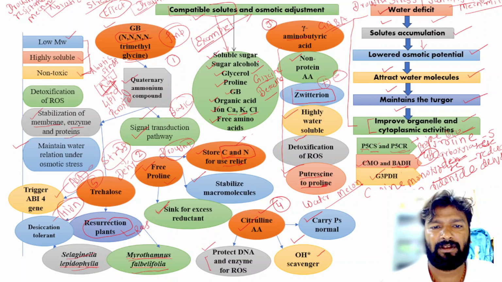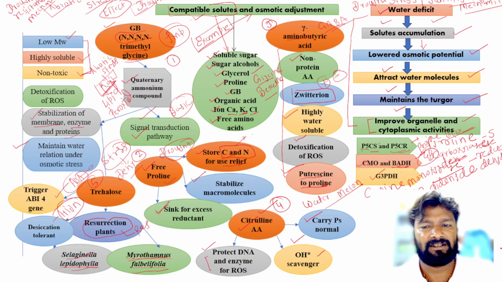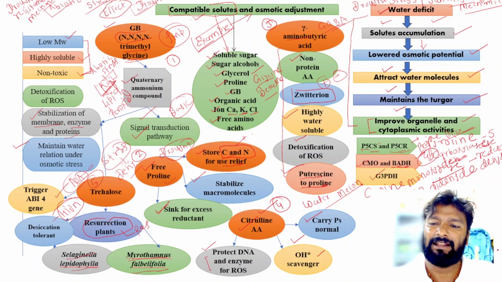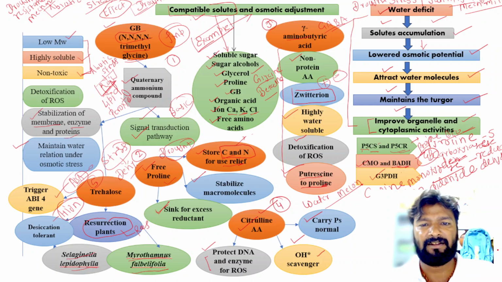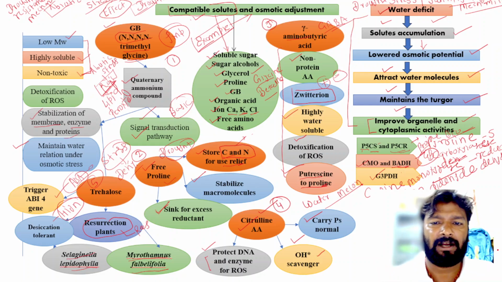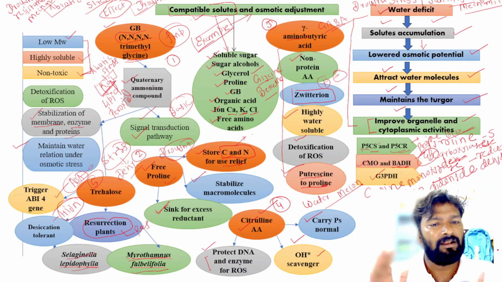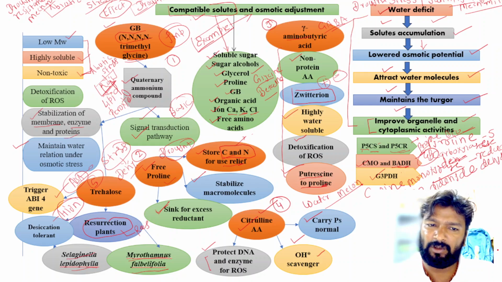compatible solutes. So in this class we have discussed what the compatible solutes are, means these are low molecular weight, highly soluble, non-toxic, means they do not affect the cellular reactions.